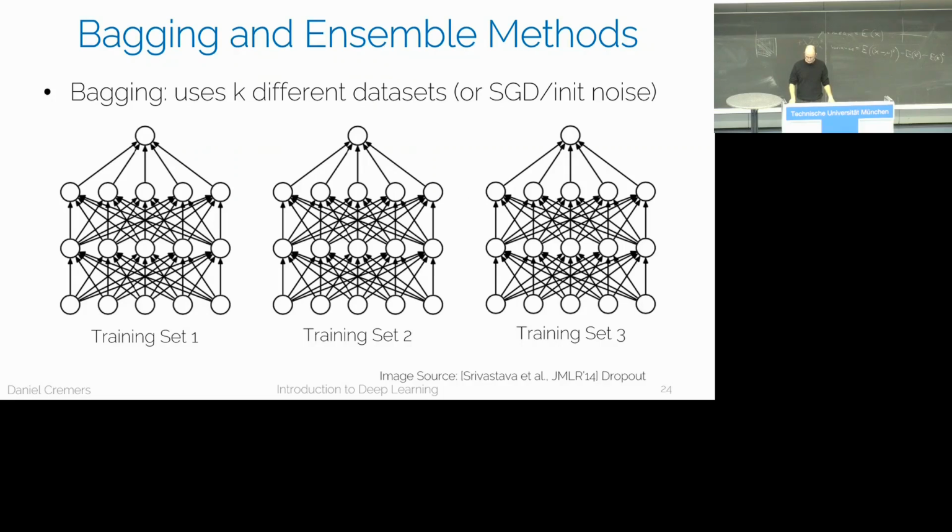And one of the issues is, for example, in bagging, you can use k different data sets and train k different networks with them, and then do some form of pooling or averaging of the output. But the question obviously is, if you have k different data sets, why don't you put them all into one big data set and train one model with it that looks at all the data?